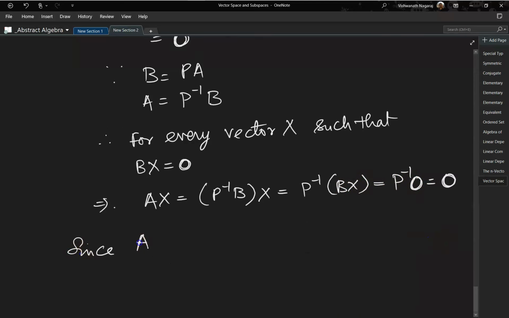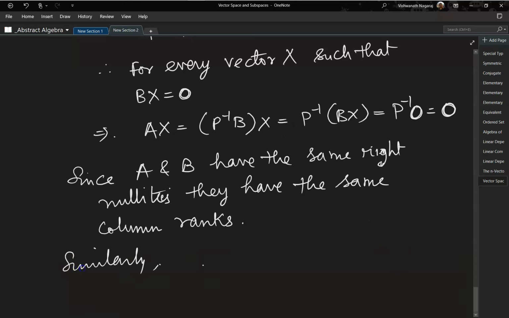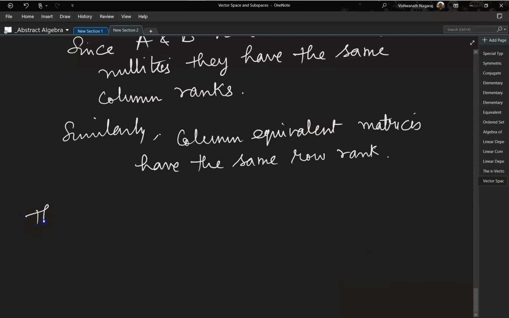Now, since A and B have the same right nullities, they have the same column ranks. Similarly, we can have column equivalent matrices have the same row rank. Okay, let's look at another theorem.